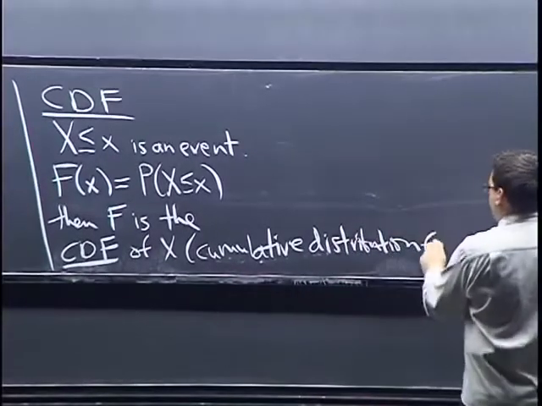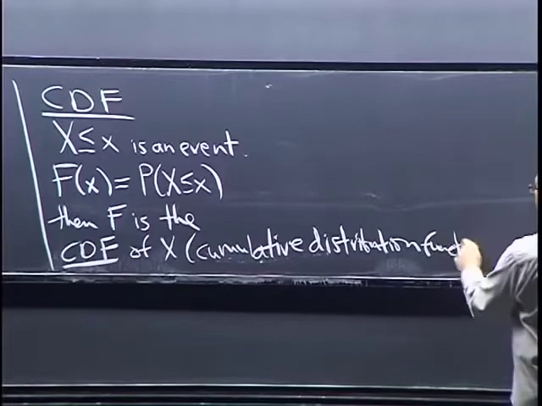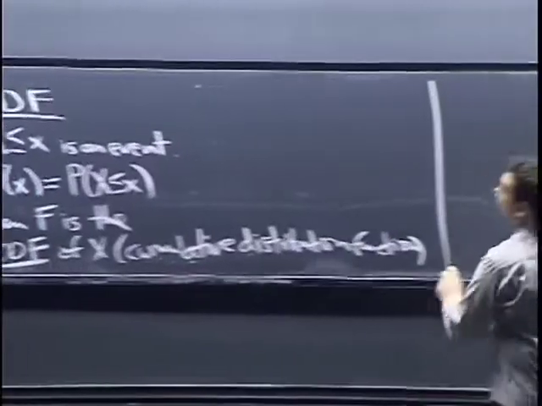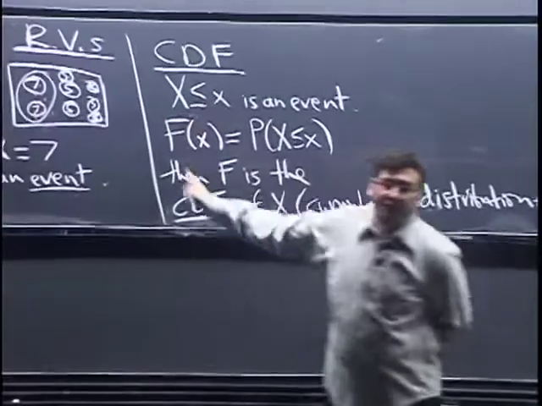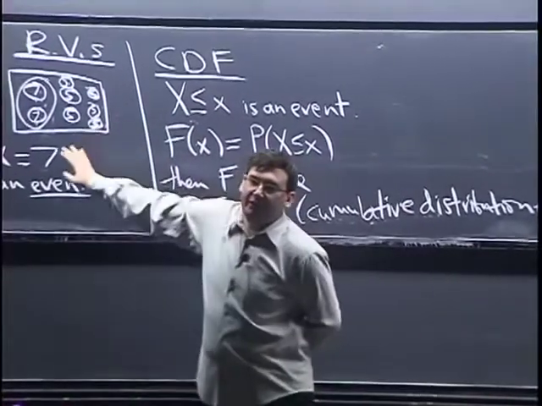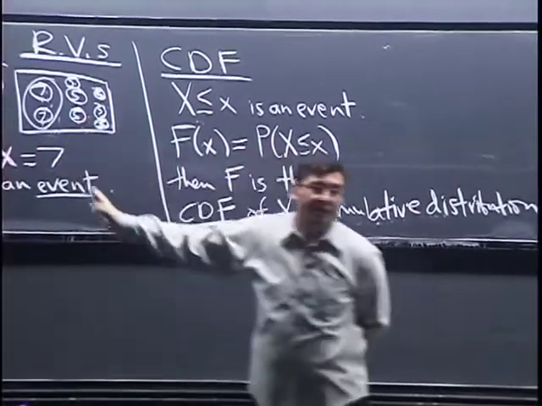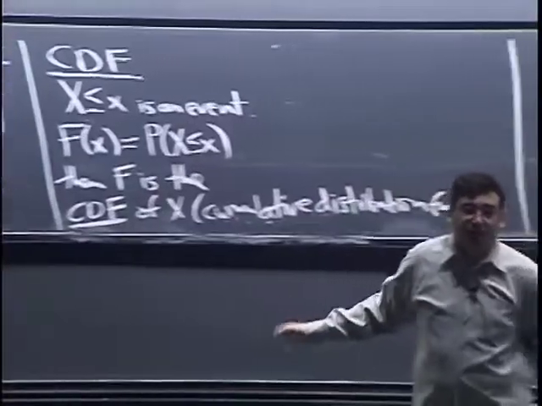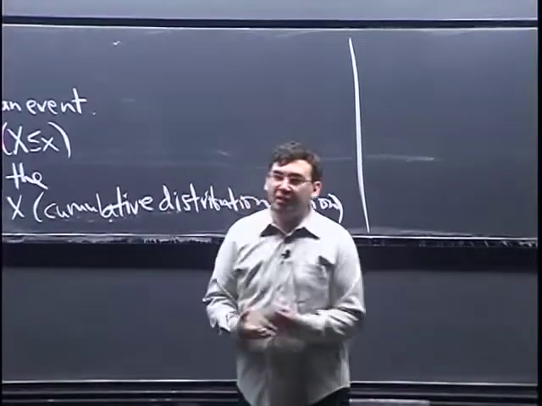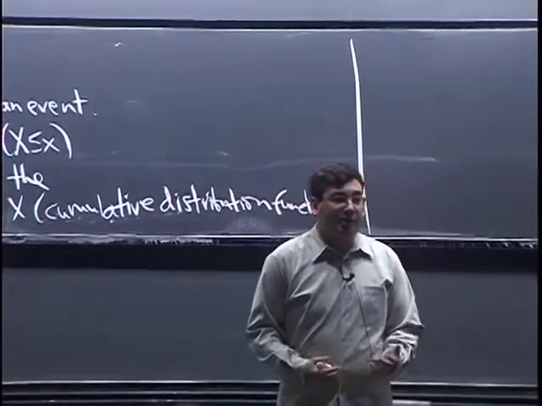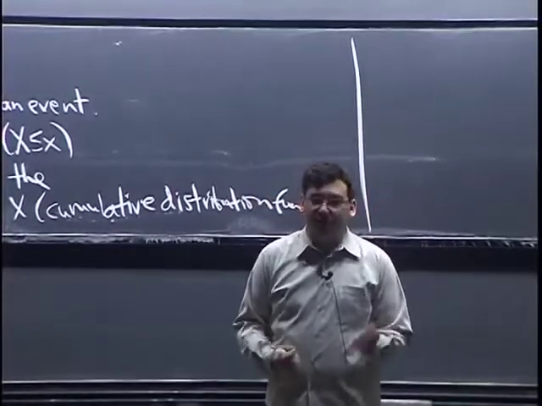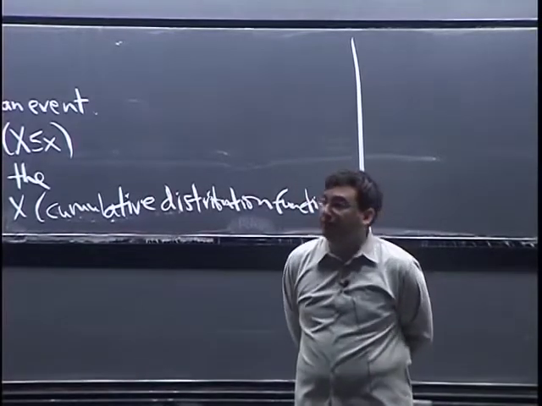So let me explain what this function means. Why is this function important? I'm just letting X be any random variable right now. So the sample space could be infinite, could be much more complicated than this. You can use that picture for intuition, but we could have some incredibly complicated sample space. A random variable is whatever the outcome of the experiment is, the random variable assigns some numerical value, right?